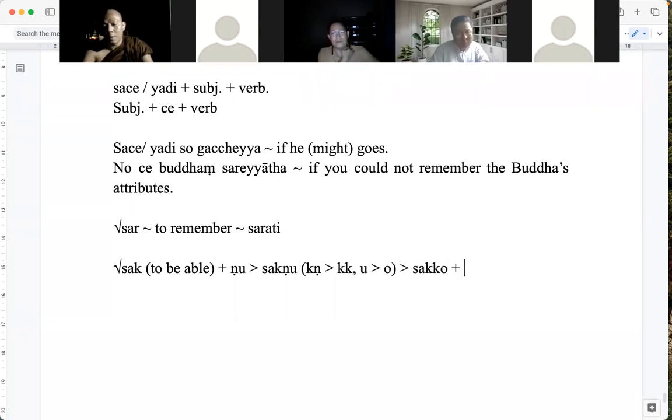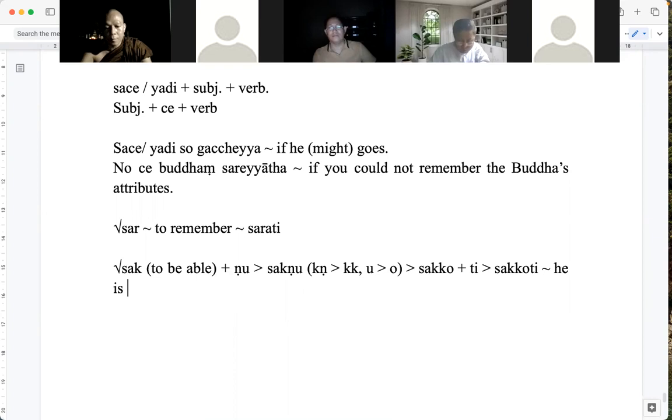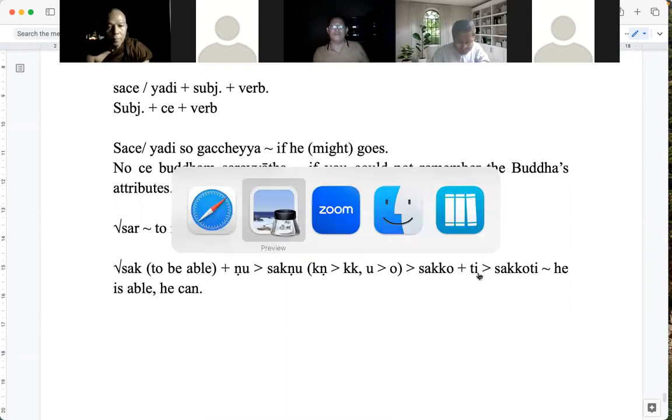After that the present tense, third person singular di, we have sakkodi. So sakkodi means he is able or he can. Okay, so this is a vocabulary.